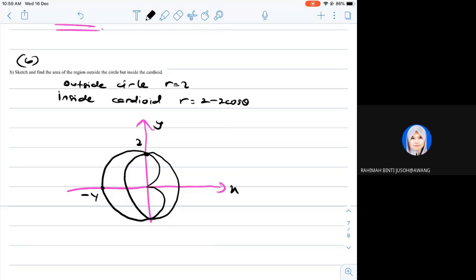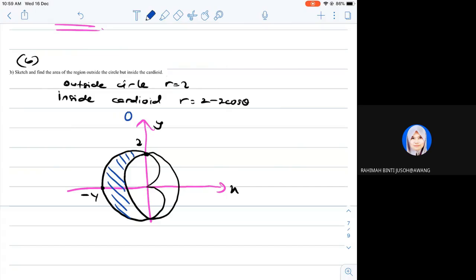Outside the circle but inside the cardioid. So kat mana agaknya ni? So it should be here. Right? Okay, now guys, since the region is somewhere here, okay, so can you give me the angle?